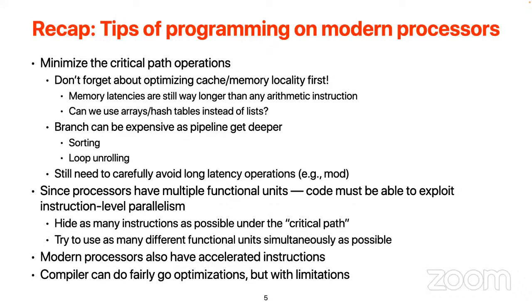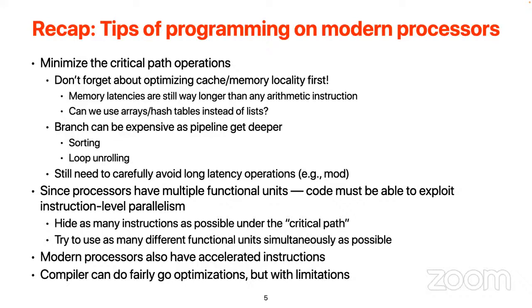Or there are also some low latency operations. One of the things you may have noticed is that I try to use AND instead of mod for some numbers, because mod, in many cases, is probably a very time-consuming operation. You need a division and you need a subtraction, so mod is not an easy operation.